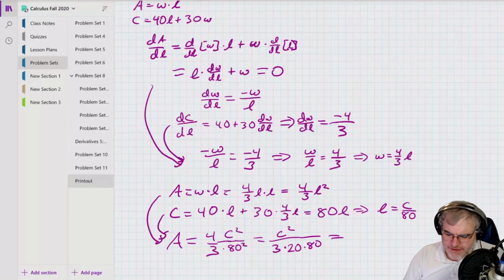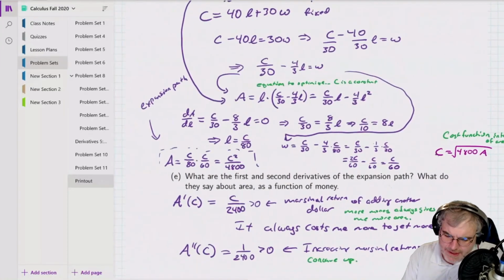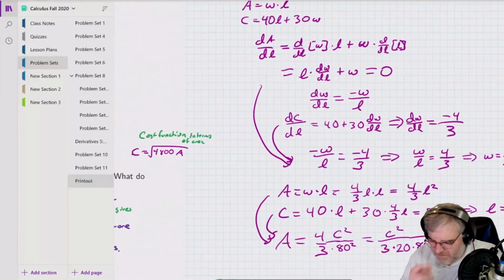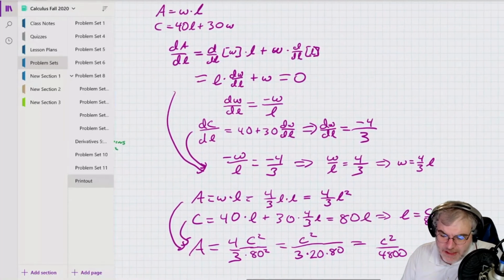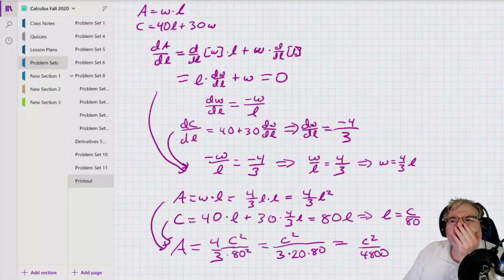So I get 3 times 20 times 80, and that's going to be C squared over 4,800. Which is what I got right there. But the math was about the same for this one. If I had been trying to minimize costs, this would have been a lot faster. Okay, so how do we feel about that 1 to 5?